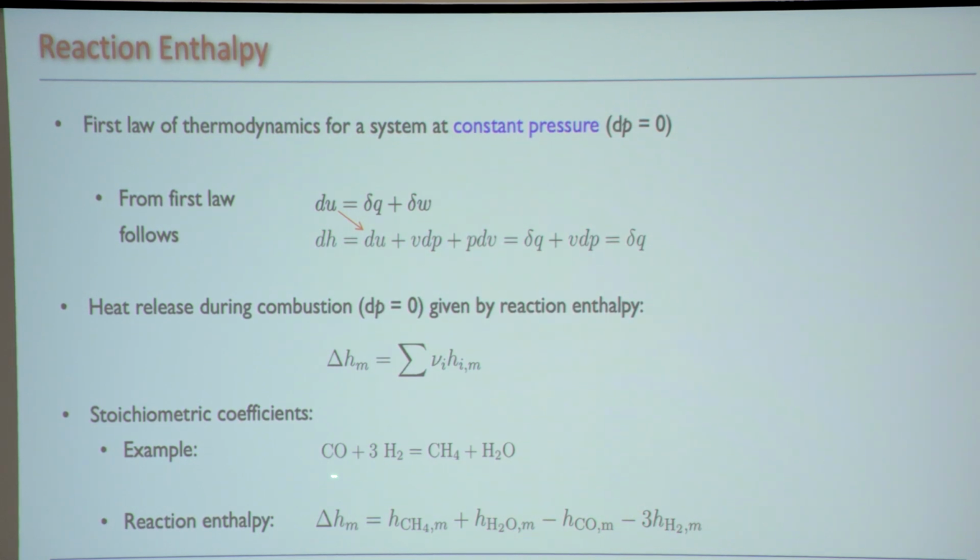So if I have a reaction like CO plus 3H2 giving CH4 plus H2O, and I want the reaction enthalpy, then you see it's the enthalpy of H2O plus CH4 minus that of CO minus 3 times that of H2. That's the reaction enthalpy, evaluated at one constant temperature, let's say at the reference temperature.